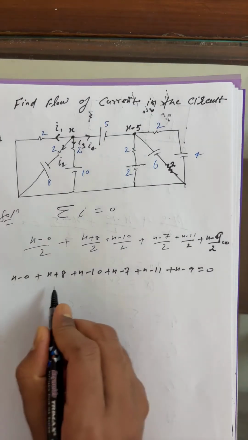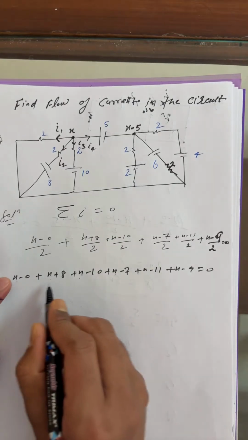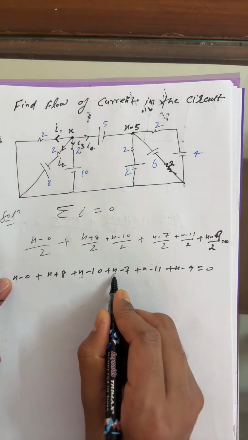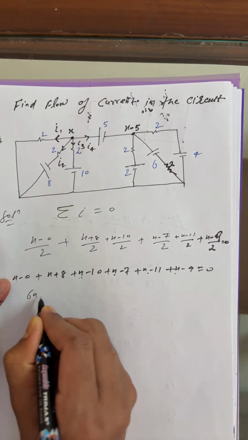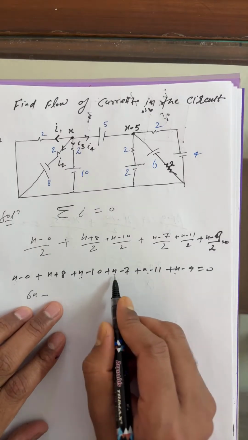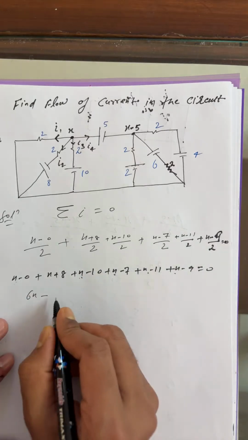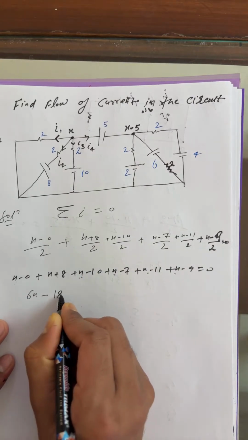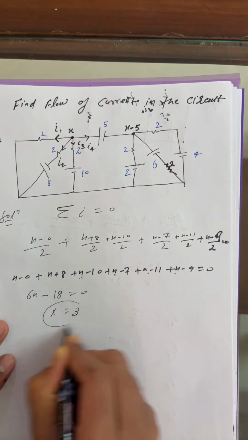Simply I can do 1, 2, 3, 4, 5, 6x. Then minus 17, and 9 minus 1 gives minus 18, so 6x minus 18 equals 0. x you will get 3.